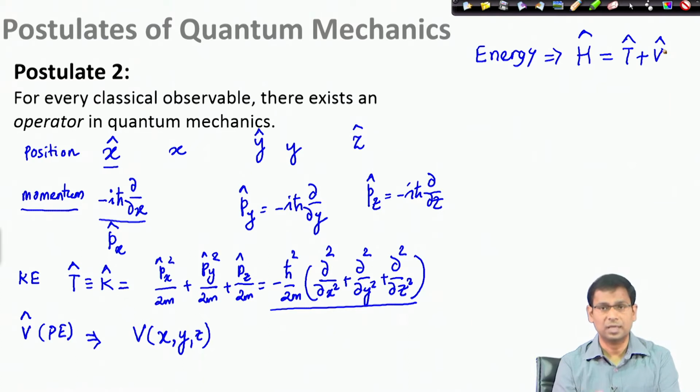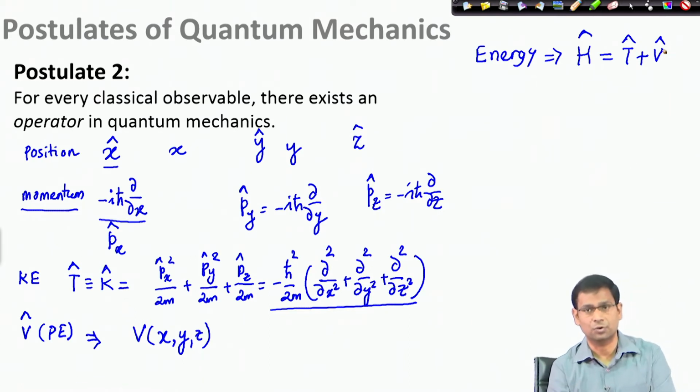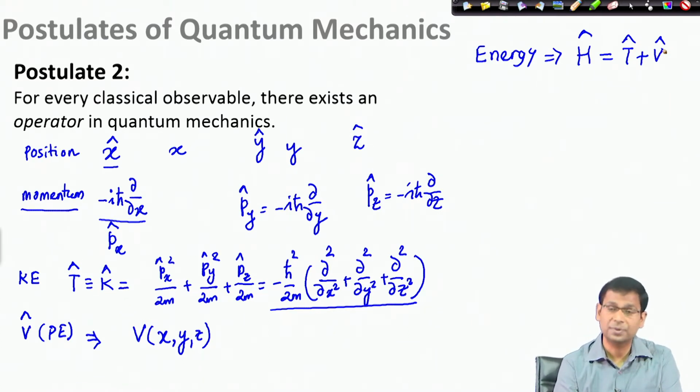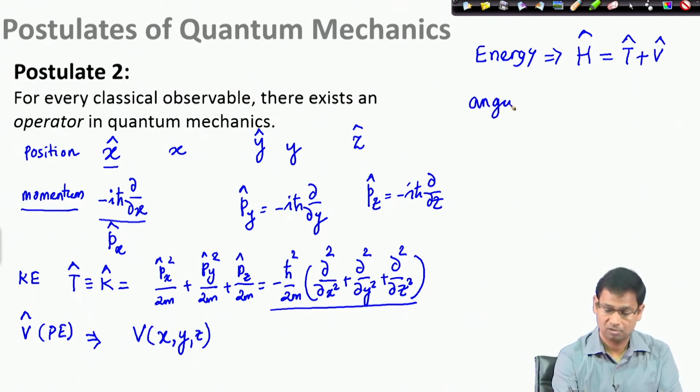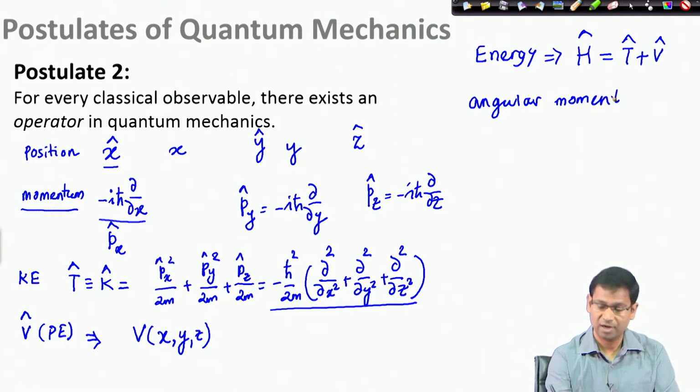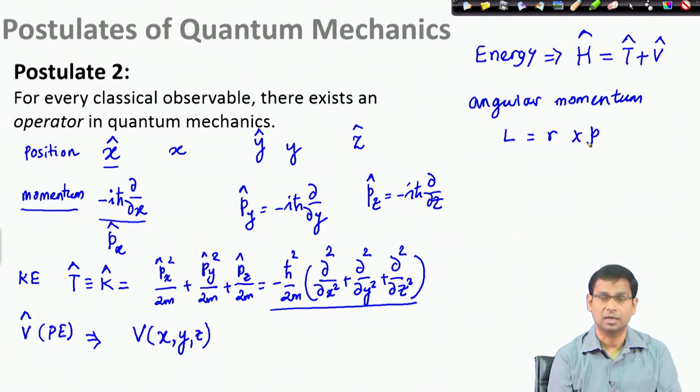The other quantity that we would come across in the course of our discussion would be the angular momentum. We define angular momentum L as r cross p, a vector product between r and p.